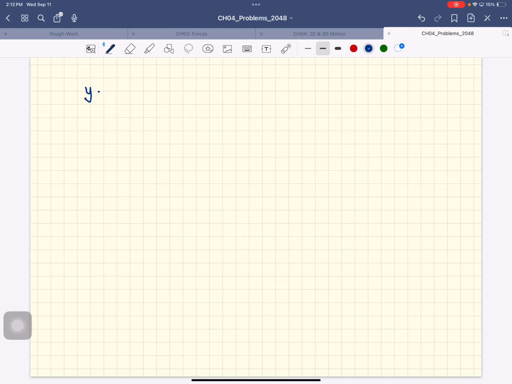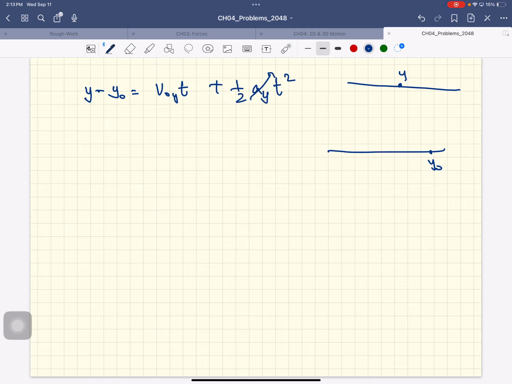So let's look at the y motion: y naught, v naught y. Of course, it's not accelerating. The boat is moving at constant velocity.